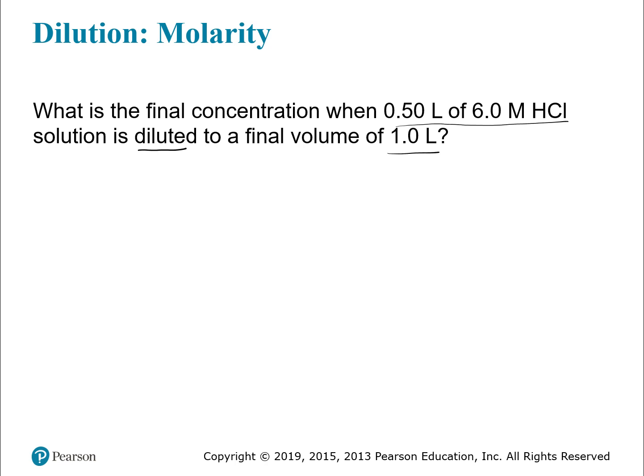So that clues us in that it's a dilution problem, and we're very likely going to have to use this equation. Let's assign our variables. So the 0.50 liters and the 6 molar, those are the initial conditions. It's saying that that's diluted, so that's where we started.